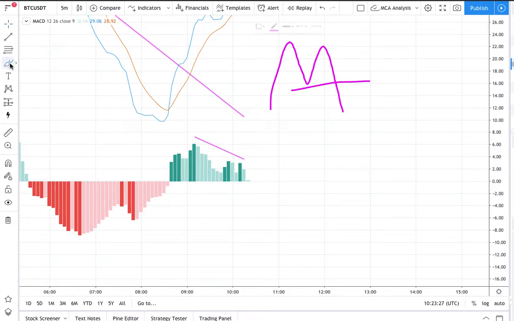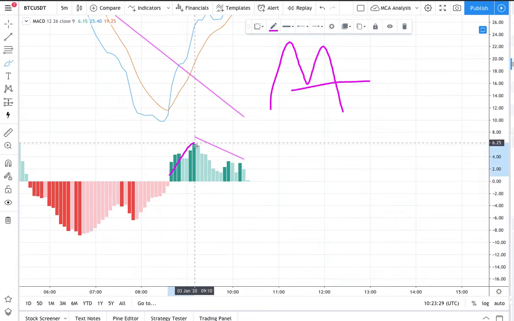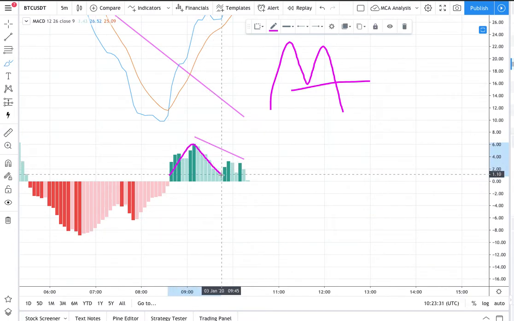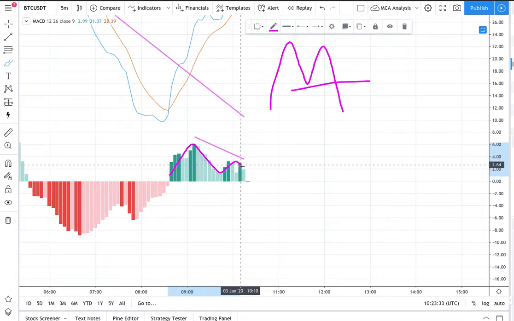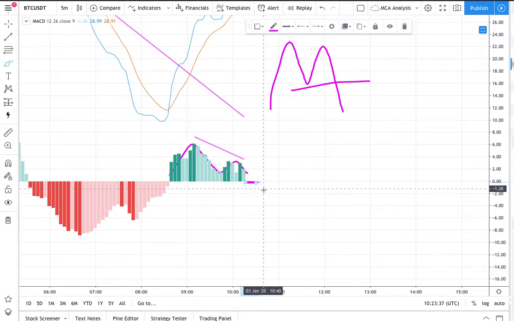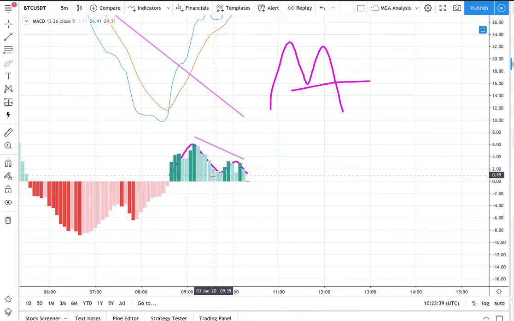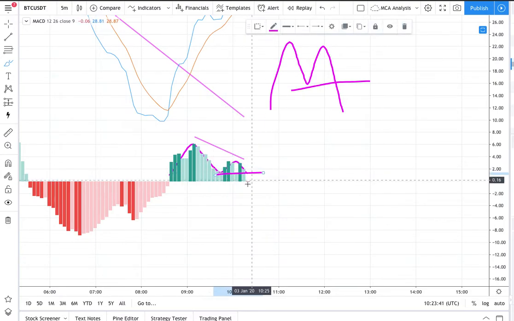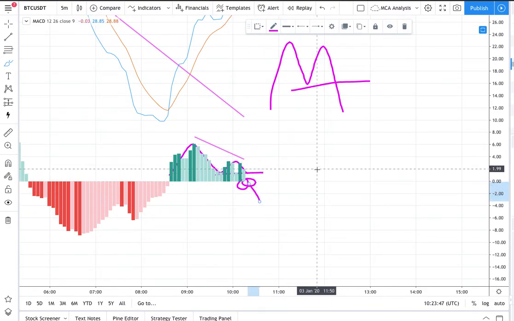So here's the M. I'll show you in actual drawing terms. This is the middle of the M. It comes back up and it comes down, and here you can see it's coming down below this level now. This is the break line level, and you can see this bar right here, the MACD bar, is putting in a lower level, so it's breaking down.